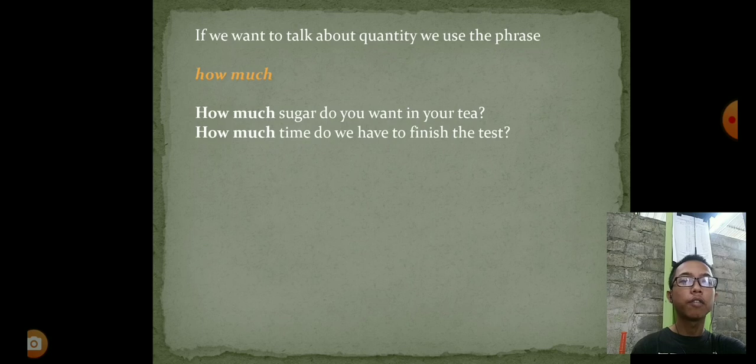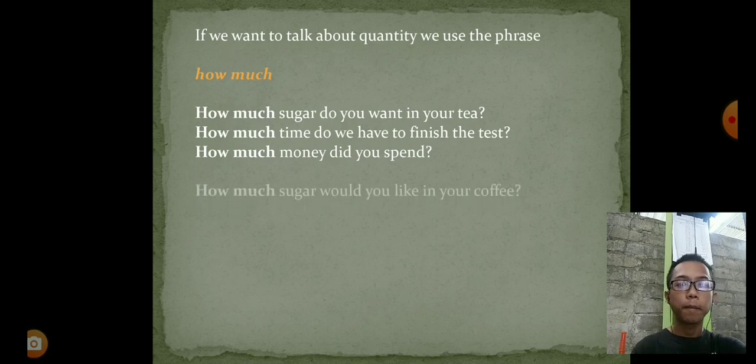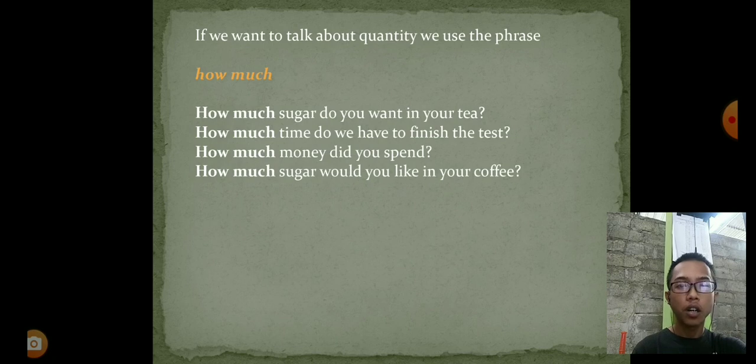And then we have, how much time do we have to finish the test? Time also cannot be counted. And then how much money did you spend? Yeah, it's like 2,000, 1,000, not 1 rupiah, 2 rupiah, no, not like that, but it's too much money. How much sugar? Yeah, like number one.